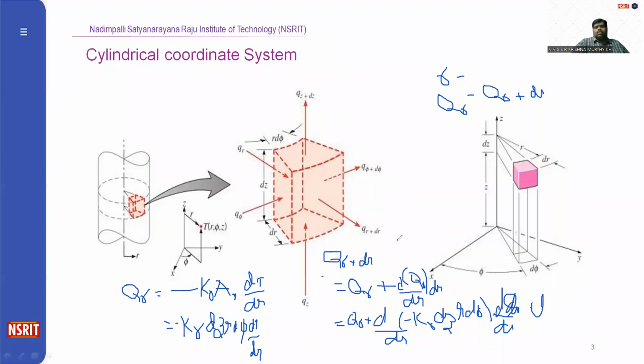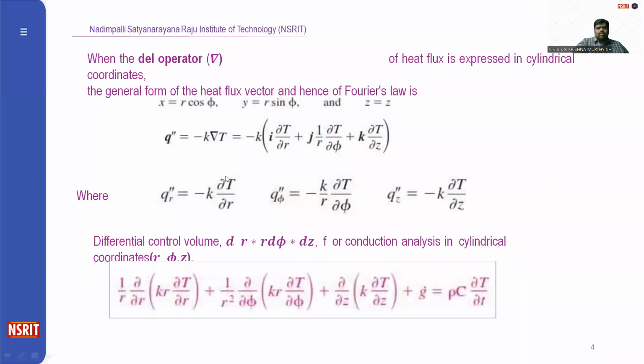If you apply the uv rule, on further simplification you will get Q of r minus Q of r plus dr as minus k_r into dz r d phi dr into del square T by del r square plus 1 by r into del T by del r. Since z and phi are constant, we can take them directly. After adding these, I can get 1 by r del by del r of k_r into dT by dr plus 1 by r square del square T by del phi square.